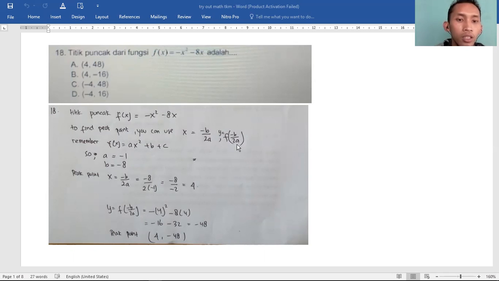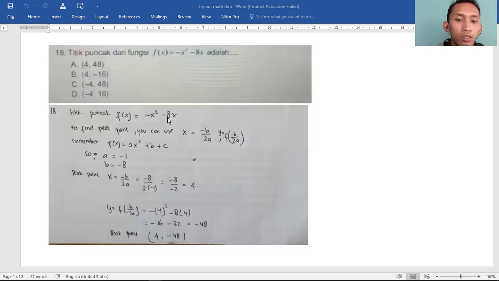A is the one belonging to x squared, b is the one with x, and there is c. So the coordinate of the peak point for x is -b per 2a. So I can write it here, -8, from here b, negative b.